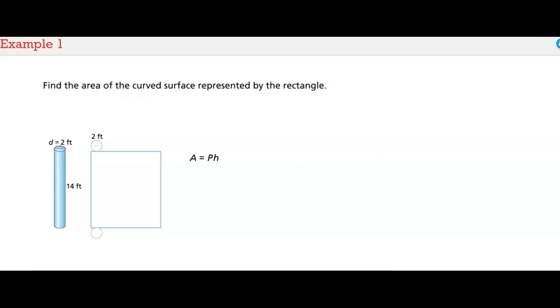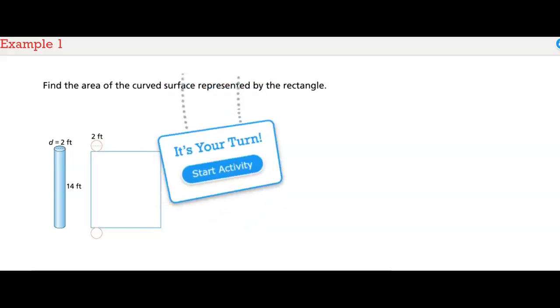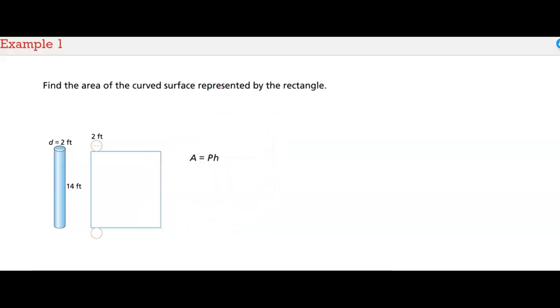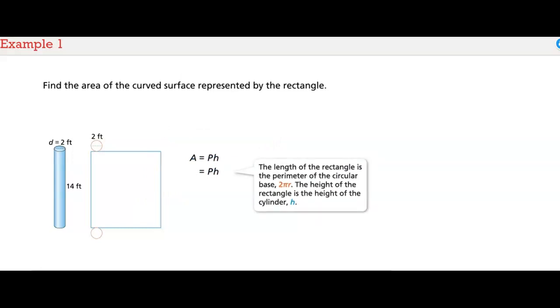Find the area of the curved surface represented by the rectangle. Remember, the length of the rectangle is the perimeter of the circular base, 2 times pi times r. The height of the rectangle is the height of the cylinder, h.